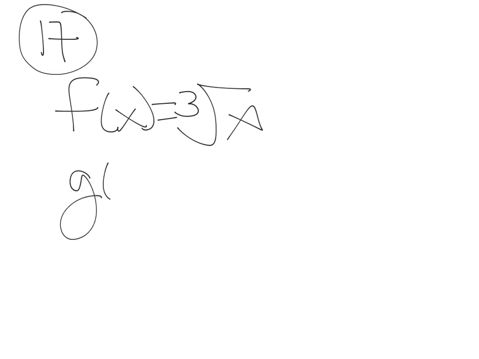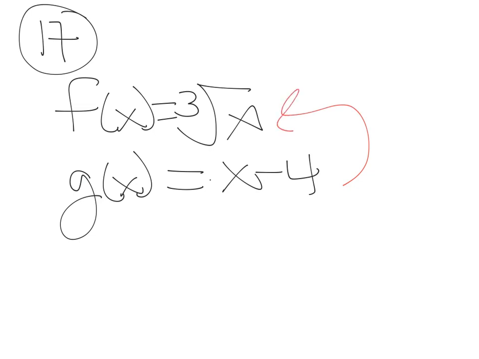So for 17, you have something cube rooted, so I'm going to call f of x the cube root of x, and g of x is going to be x minus 4. So that when you plug this in, the x minus 4 ends up being under the radical, and you'll get the cube root of x minus 4.